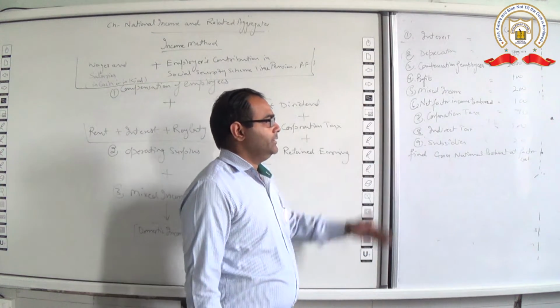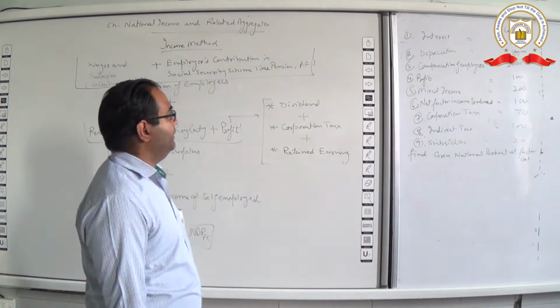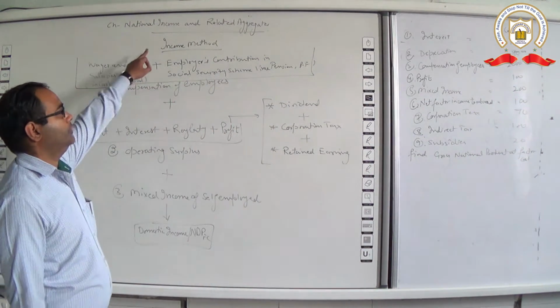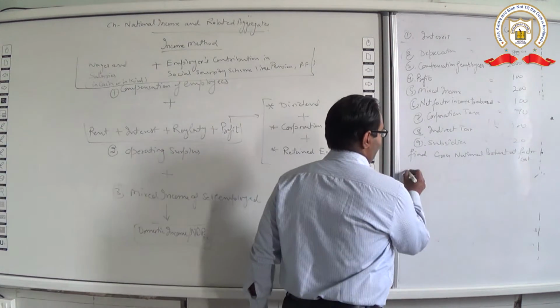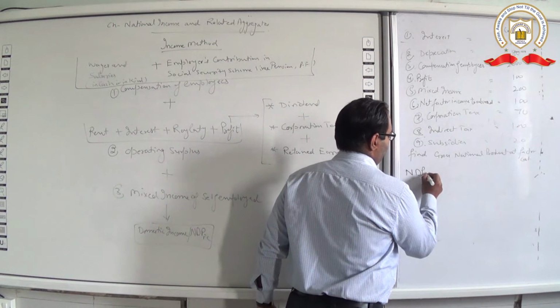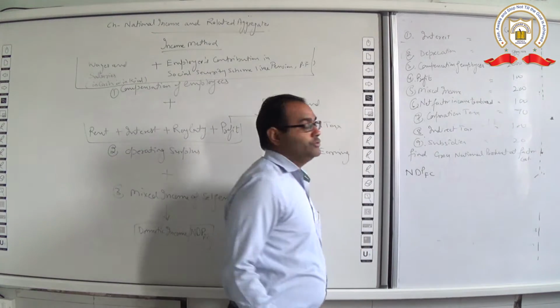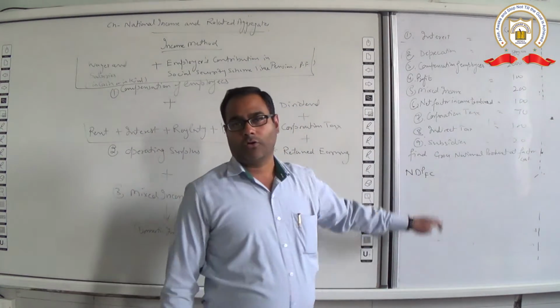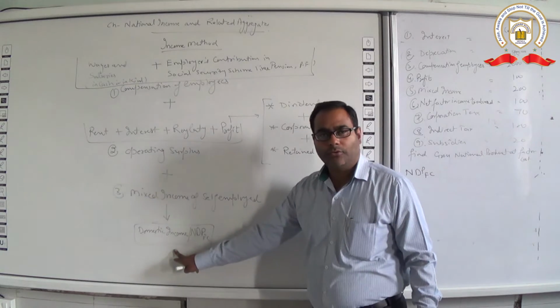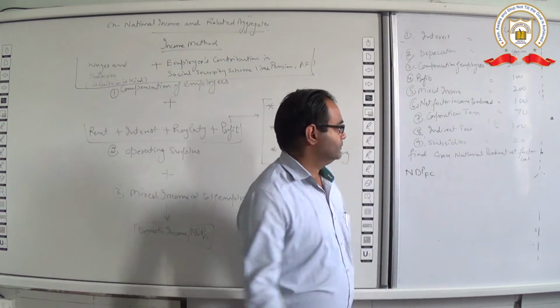By seeing these items, we identified that these are the items related to the income method. So first we will write NDP at FC, because we know that by using this method we calculate net domestic product at factor cost, commonly known as domestic income.